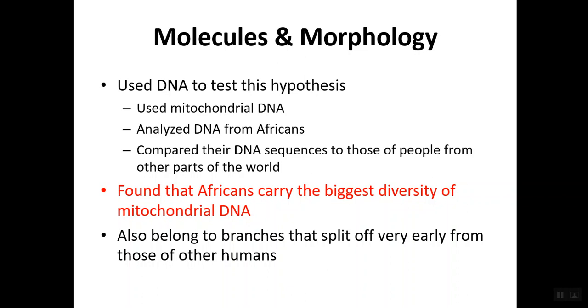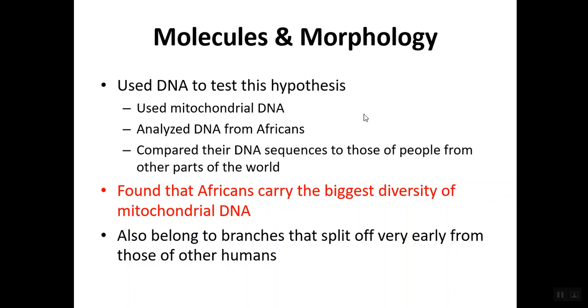evidently, what they saw is that when they compared the mitochondrial DNA of living Africans, Africans carry the biggest diversity of mitochondrial DNA, and the various groups that came later in Europe and Asia have much less diversity, as well as being more similar to one another.